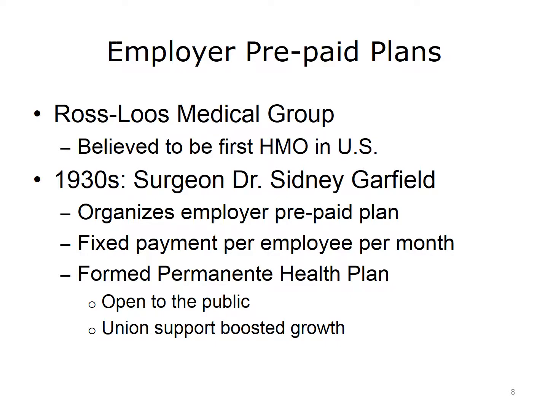After the war, as the number of employees in the shipyards dropped, the Permanente health plan was started, which opened to the public and attracted the support of unions, allowing it to grow over the next few years. This would eventually become the Kaiser Permanente health plan, which continues to operate today.